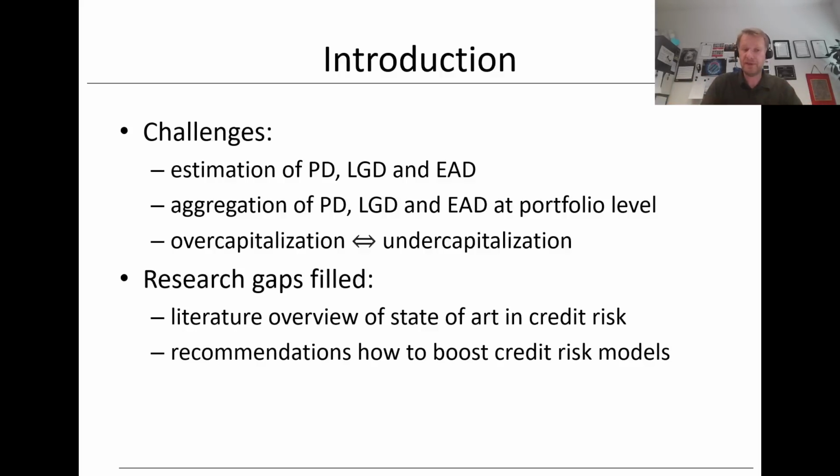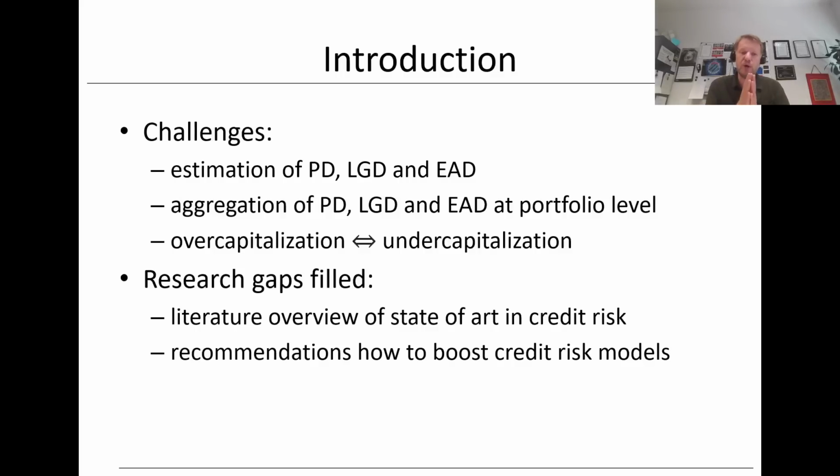Something you don't want. That's in case of overcapitalization. In case of undercapitalization, on the other hand, you have an increased risk of bank failure, as such jeopardizing bank continuity. And you know, in the financial system, if one bank goes down, it could also result in another bank going down, in a knock-on effect, as such creating a serious type of systemic risk.